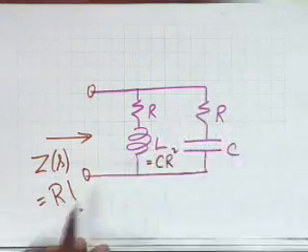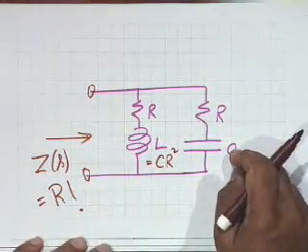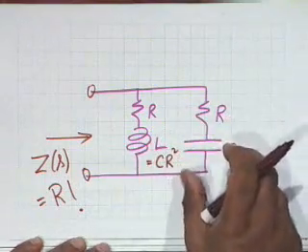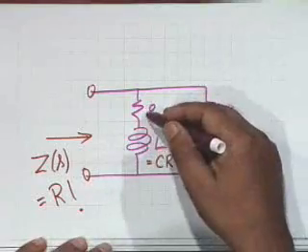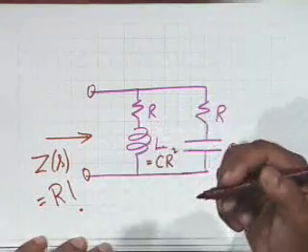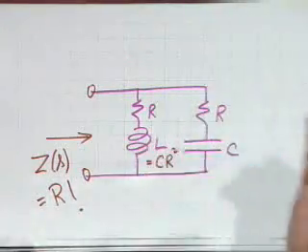The existence of the inductance and the capacitance, the two arms, they produce a cancelling pole and zero. And therefore, this, for example, has a zero at minus R by L. It cannot be observed at all.